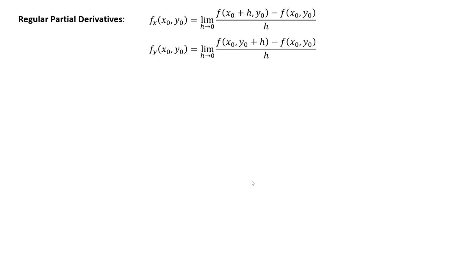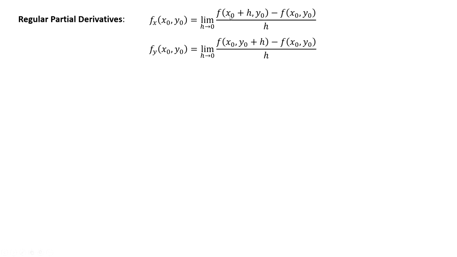One thing was, when we talked about regular partial derivatives, that is partial f with respect to x and partial f with respect to y, what we did there was we looked at what happens to f if we were to hold y constant but change x, move a little to the right of the original point x sub 0, y sub 0.